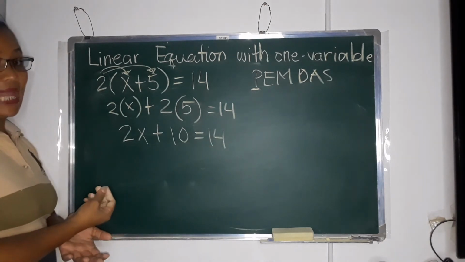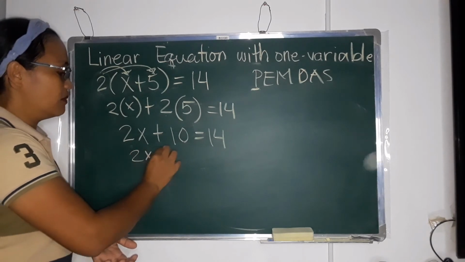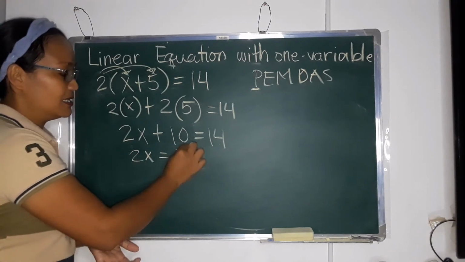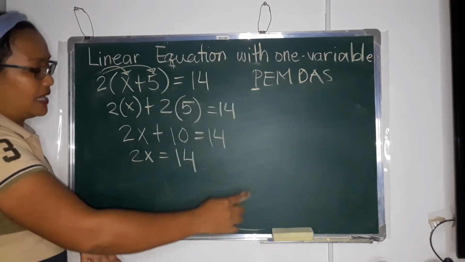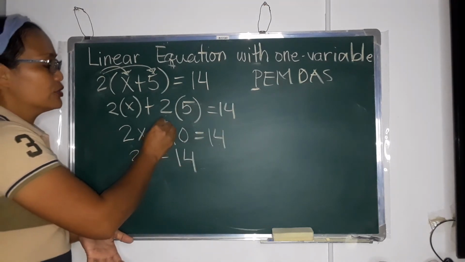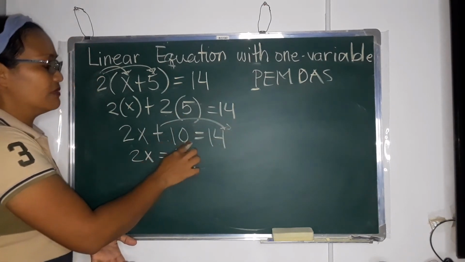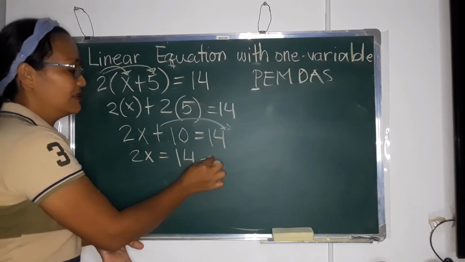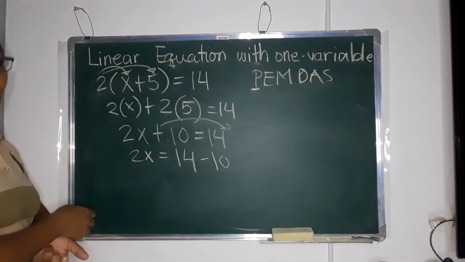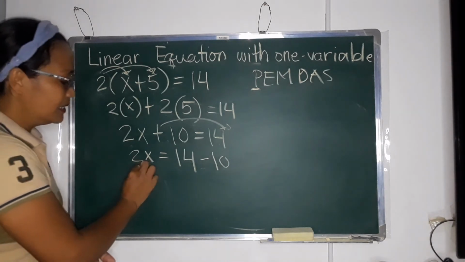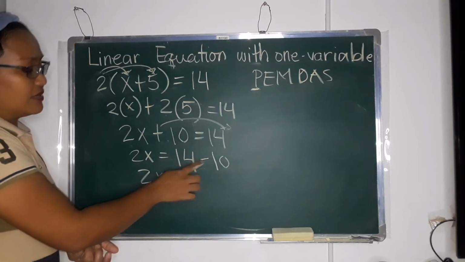Then combine like terms. So 2x is alone. So 2x is equal to, just copy 14, since 14 is still on the right of the equal sign. So 10 should be moved over the equal sign. So positive 10 becomes negative 10 since we're going to move it to the other side of the equal sign. Next, copy 2x is equal to positive and negative.